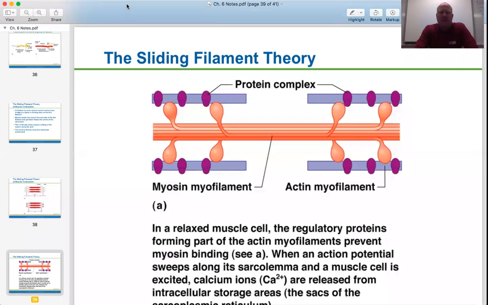You can see in a relaxed muscle, the myosin and the actin are not in contact with each other at all. It's only when an action potential sweeps through the sarcolemma, excites the muscle cell, and calcium ions are then released from the storage sacs within the sarcolemma.